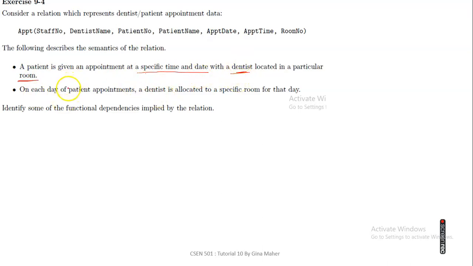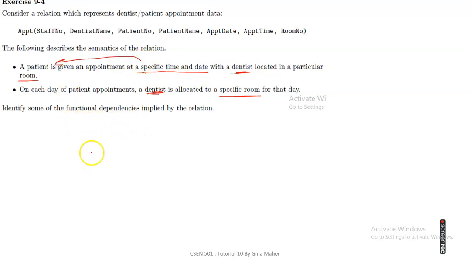On each day of patient appointment, a dentist is located in a specific room. Let's extract or identify the dependencies from these two sentences. We stated that the time, date, and the dentist can get the patient.